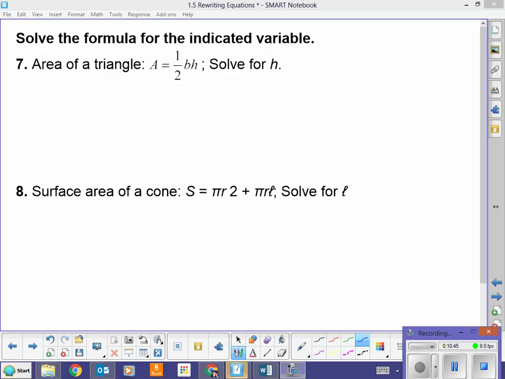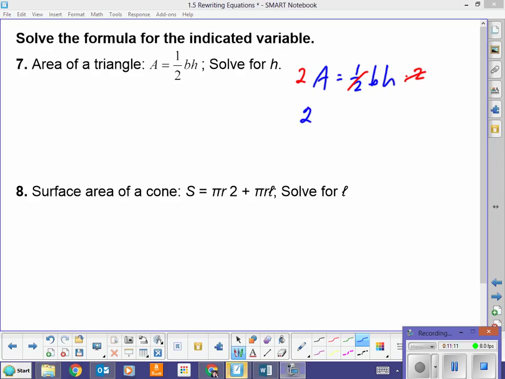We're solving these formulas for indicated variables here. These require a couple steps. Area of a triangle: A equals 1/2 base times height. Solve for h. I've got to get rid of the 1/2. When you have a fraction and you want to do the opposite, multiply by the reciprocal. So the first thing I need to do is multiply both sides by 2, because 1/2 times 2 is 1.